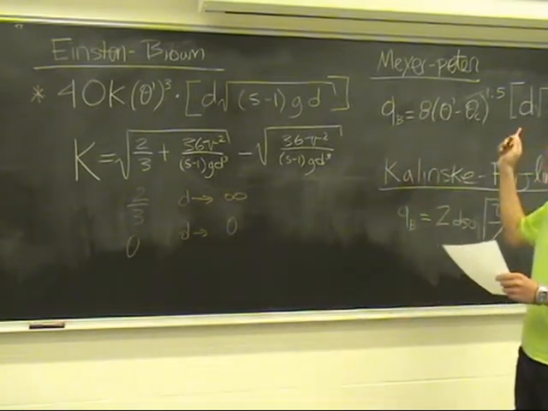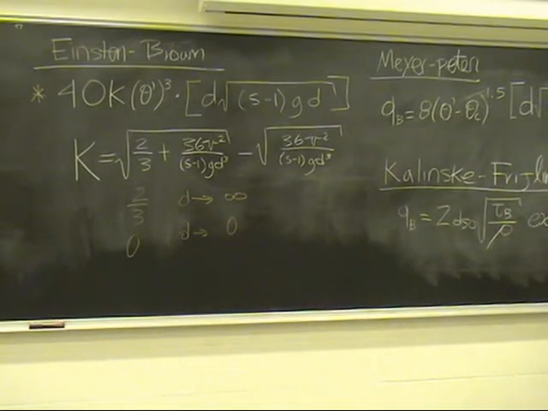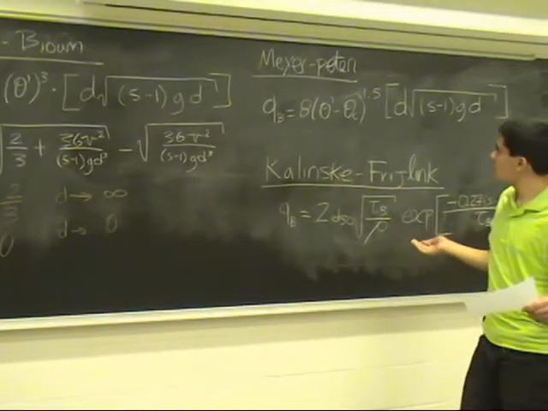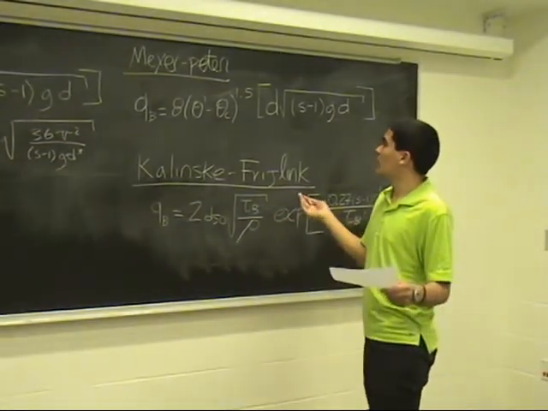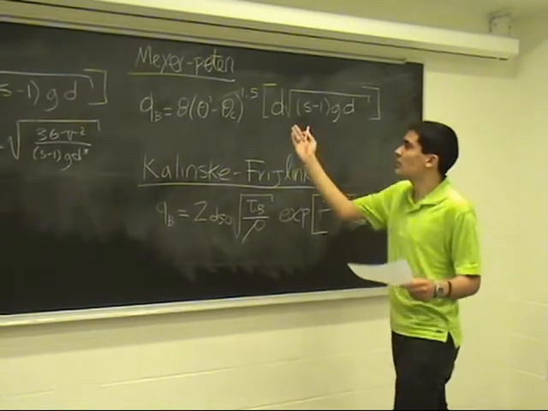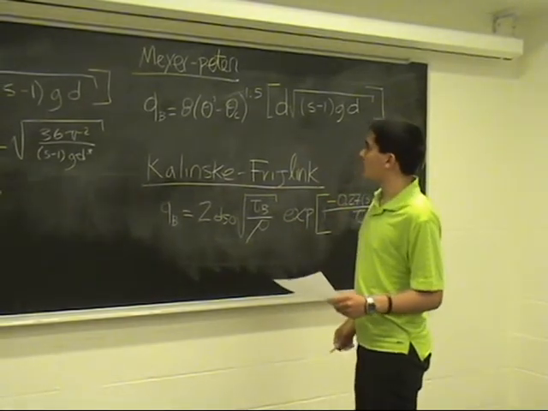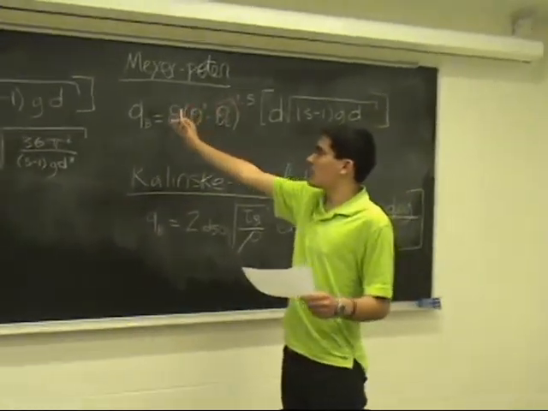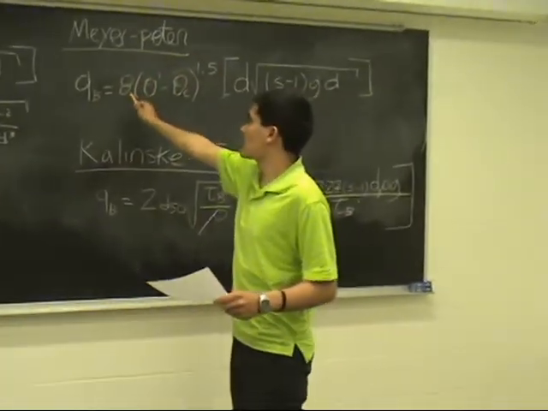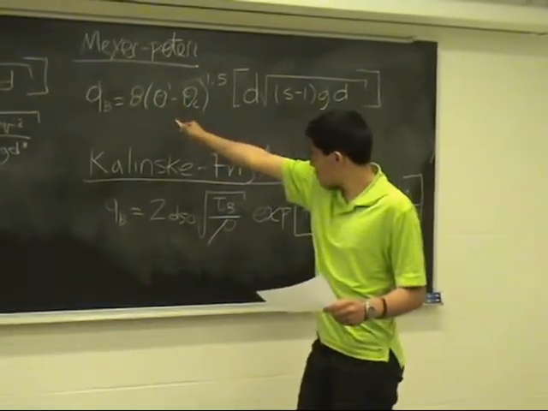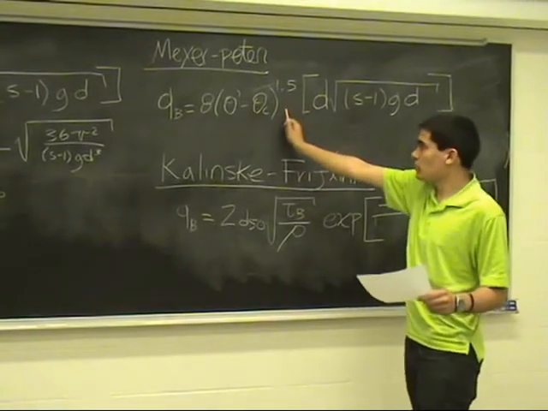In 1948, Meyer-Peter did some experimental studies and came up with this equation. He said that the bed load transport could be calculated as A times the effective Shields parameter minus the critical.